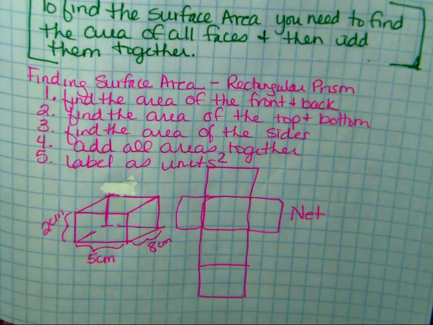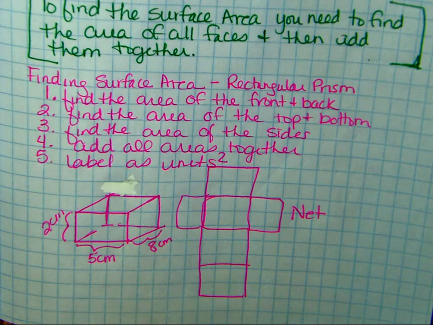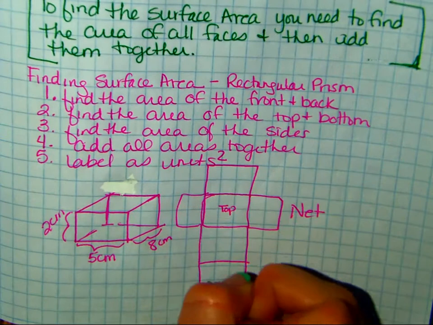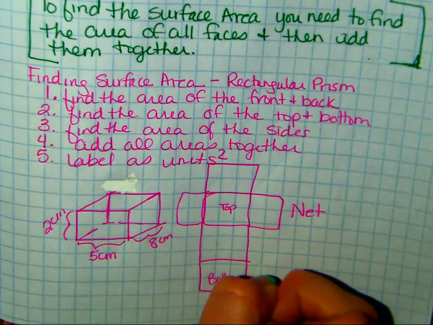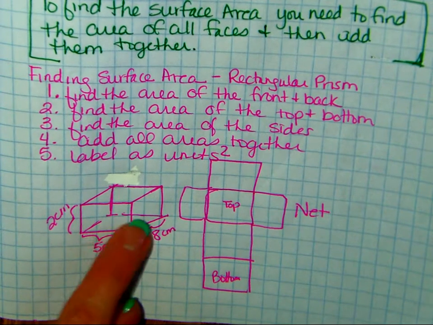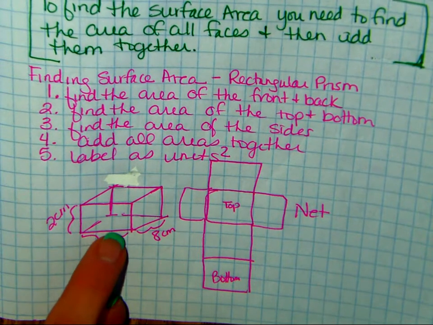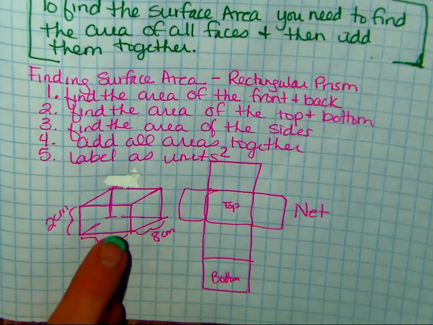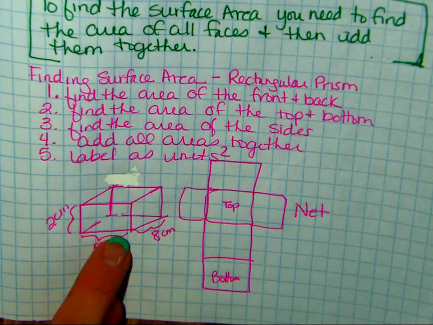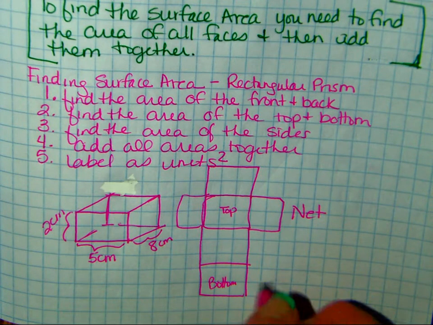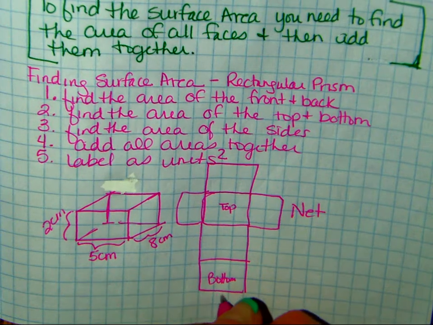Okay. So now what we have to do is we need to start plugging in the values. Let's first look at the top and the bottom. This would be the top, and this would be the bottom. So if I look at this rectangle that we have at the bottom, can somebody with a raised hand tell me what would be the length and width? Because remember, length and width is how we find area of a rectangle. James?